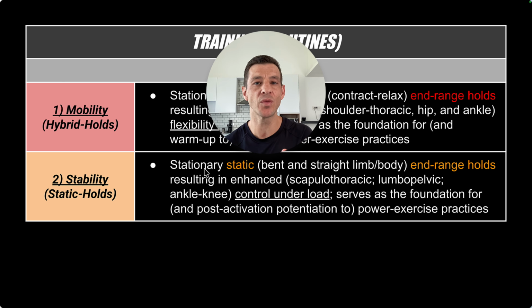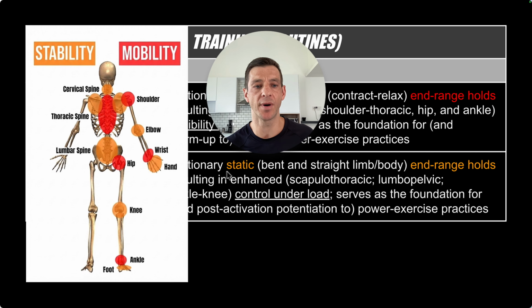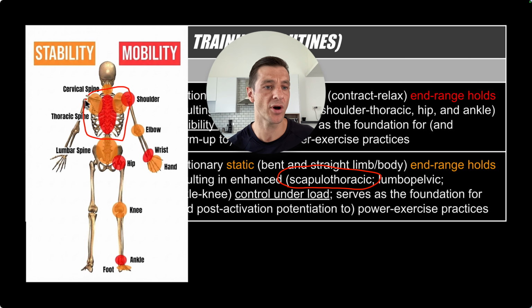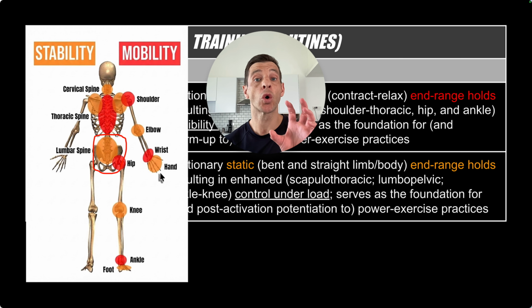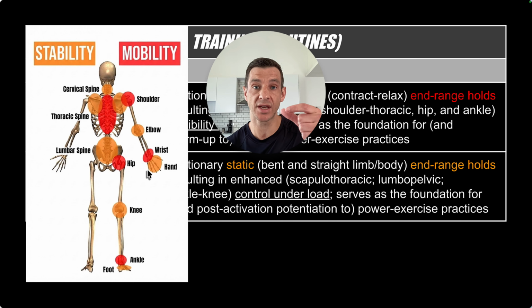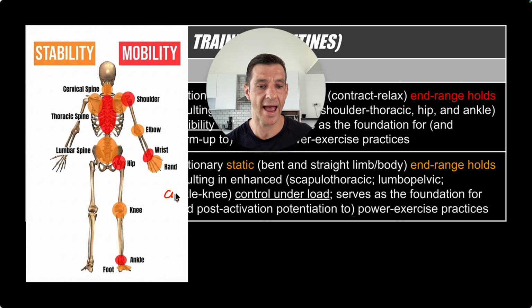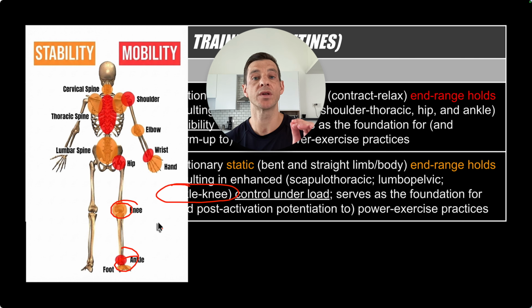Recall that in the previous video, we saw that some joints specialize in providing us with mobility, others stability, and of course, some joints give us both, with a lot of overlap. We see that the scapulothoracic false joint provides us with upper body mobility, the lumbopelvic region, which is lumbar spine and pelvis, provides us with core stability, where we learn to articulate the pelvis in an anterior or posterior tilt, and the ankle and knee joints provide us with lower body stability.